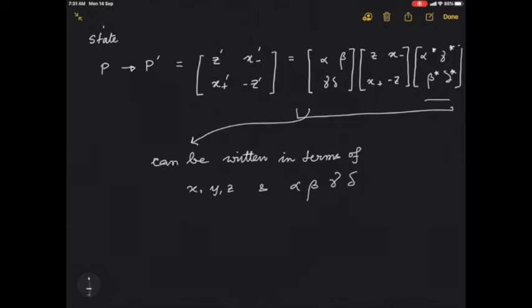Now the left hand side can be written in terms of x prime, y prime, z prime.